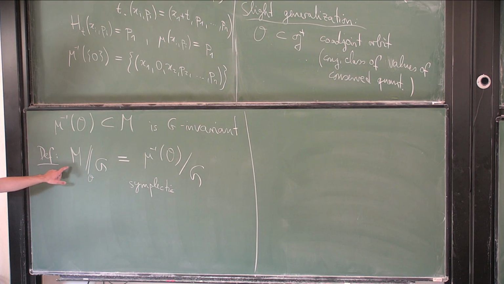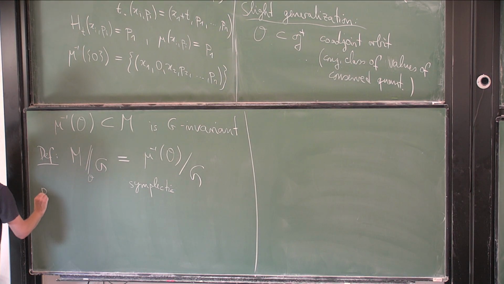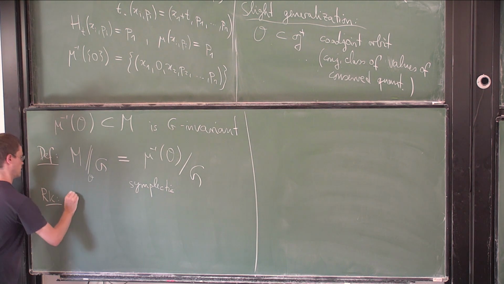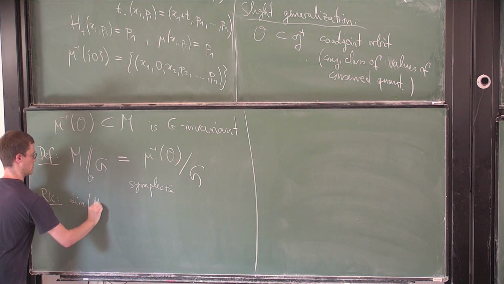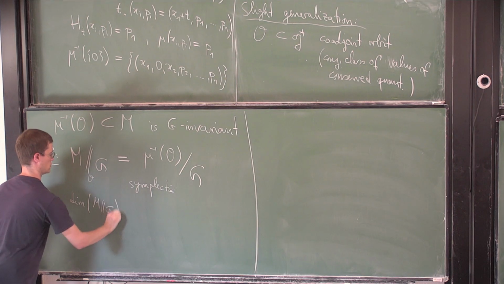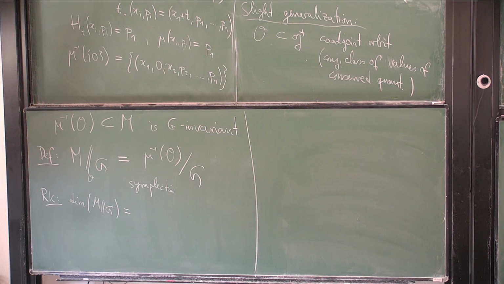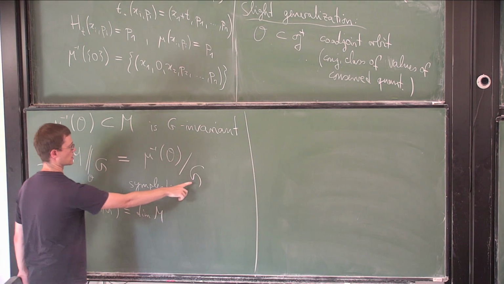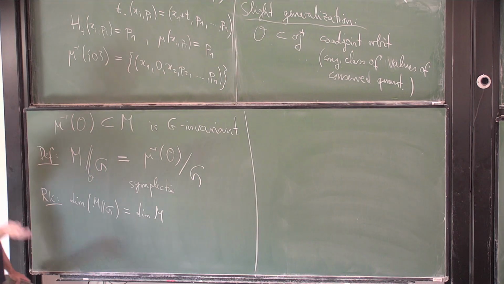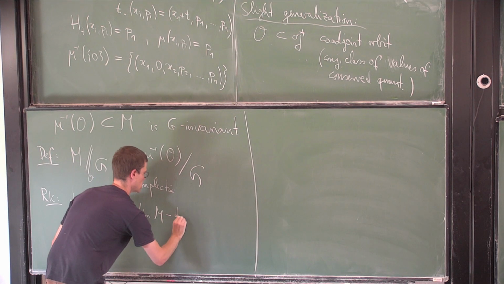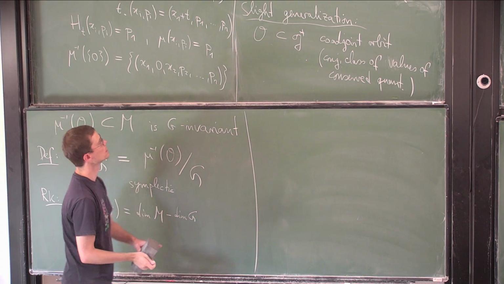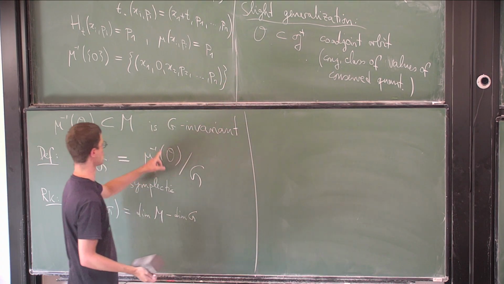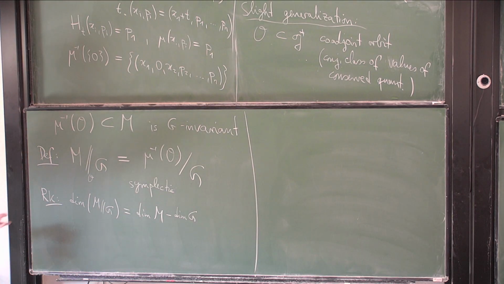So we ask what is the dimension? And this is actually slightly tricky. Of course, you still have the dimension of M. You still quotient by G, so you should subtract dim G. But now I take the pre-image of O. O has itself some dimension. It might be a point, but it might have some dimension.